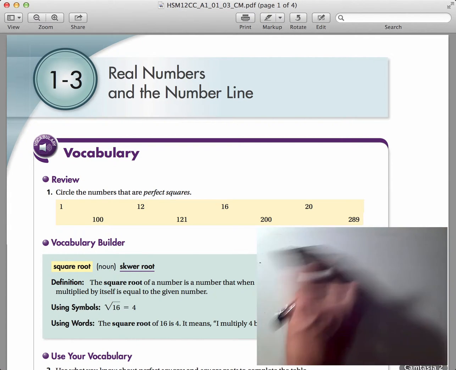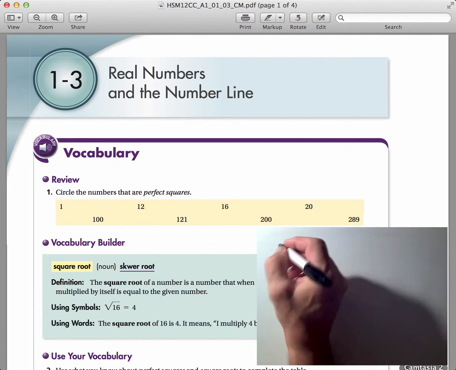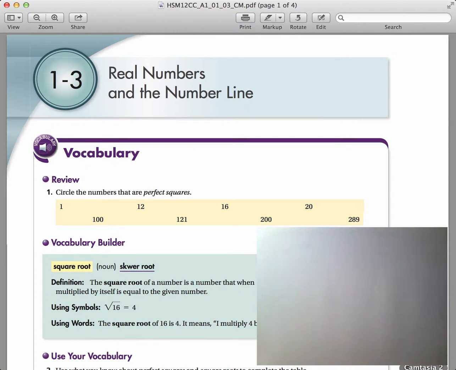If in class you take a look up above the whiteboard, you're going to see I have the whole list of perfect squares and their radicals. In other words, when you take the square root of a perfect square, you get the number that it came from. There you go, you got your number.